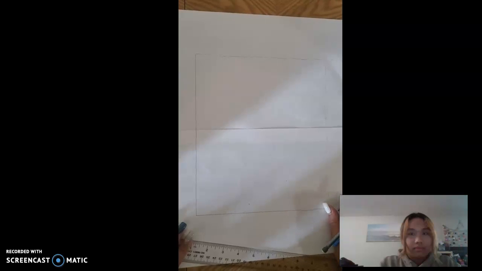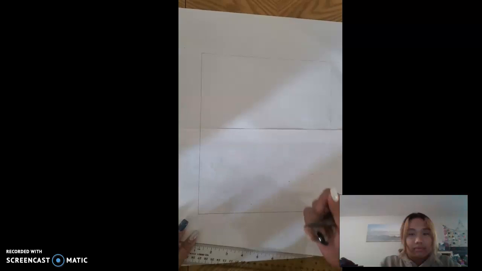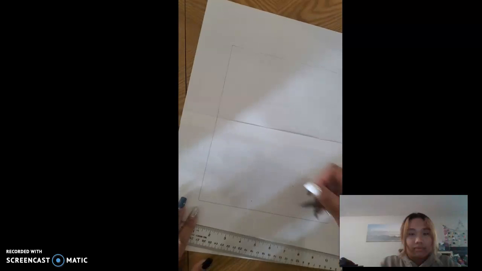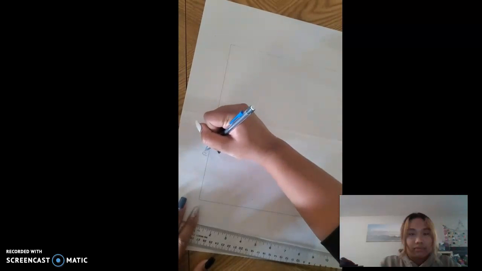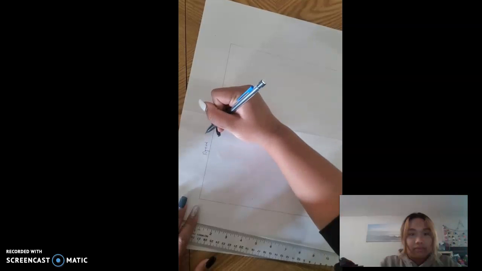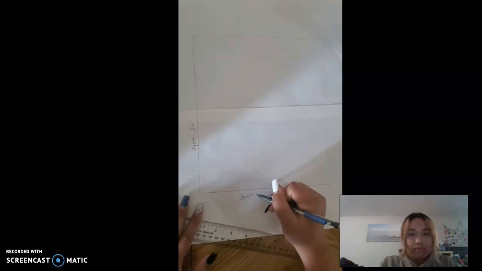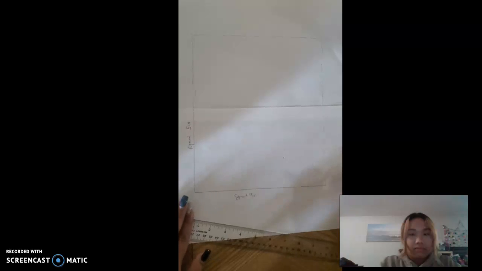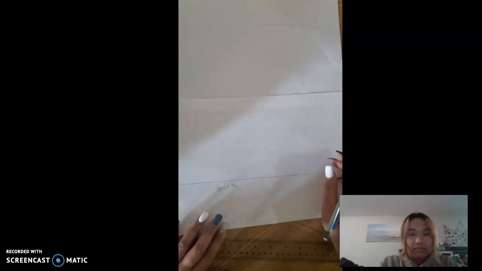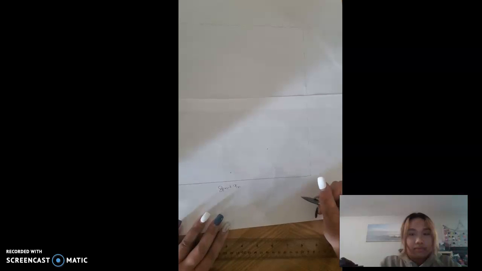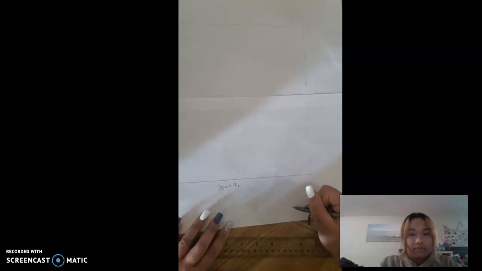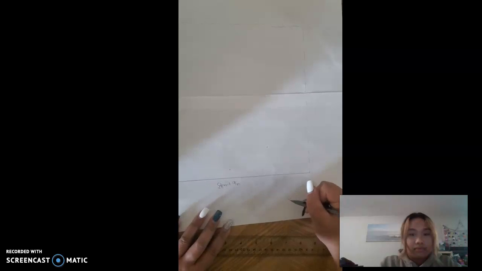So as step 4 states, we have to indicate the original measurement, which is 10 feet 5 inches, and the other one is 8 feet 9 inches. So for our step 5, we have to indicate the scale beside our drawing.